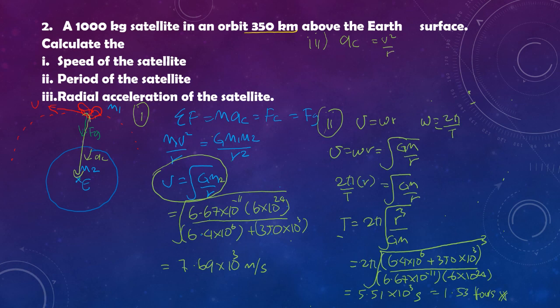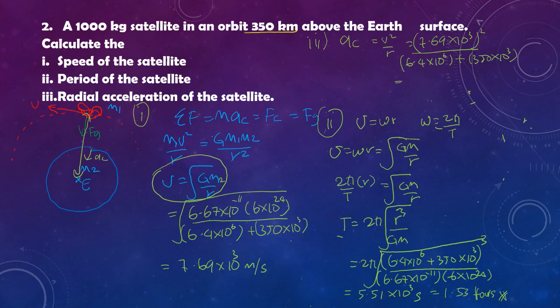Okay, and then we take the value of v here: 7.69 times 10 to the power of 3, over, don't forget to square, and over r. r is again 6.4 times 10 to the power 6, that is of the Earth, plus the altitude, 350 kilometers.